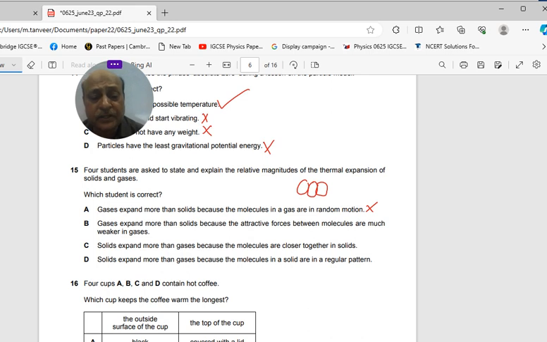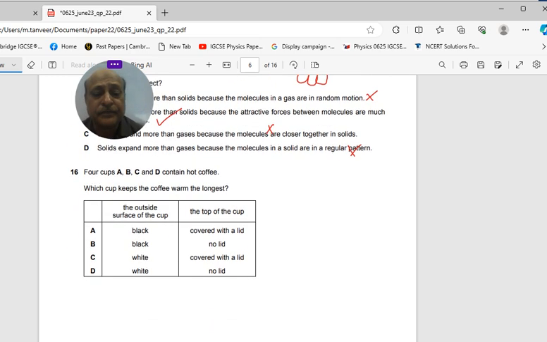Gases expand more than solids because the attractive forces between molecules are much weaker in gases, that is correct. Solids expand more than gases, no, solids expand very little. Solids expand more than gases because the molecules in a solid are in an irregular pattern, no. So only the second is correct.